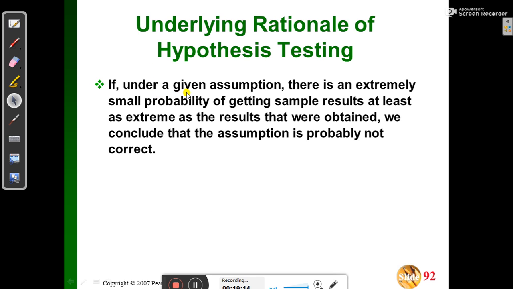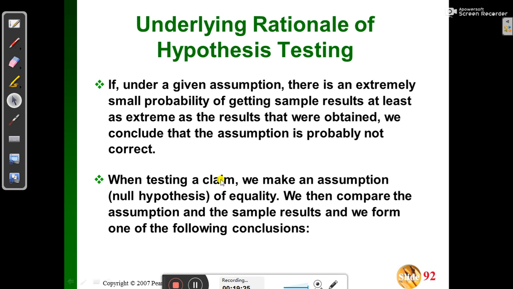If under a given assumption there is an extremely small probability of getting sample results at least as extreme as the results that are obtained, we conclude that the assumption is probably not correct. When testing a claim, we make an assumption of equality. We then compare the assumption and sample results, and we form one of the following conclusions.